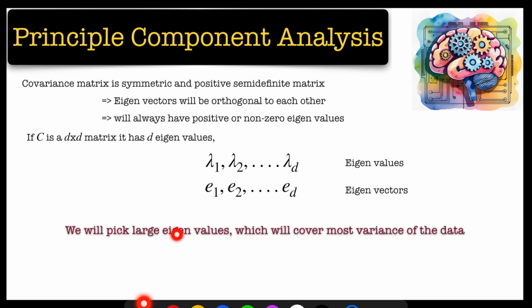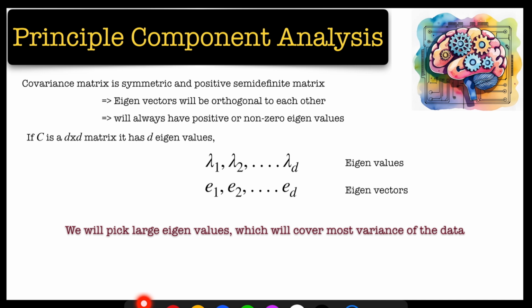We will pick large eigenvalues, which will cover most variance of the data. If you sort the eigenvalues, let's say lambda 1 is the largest, lambda 2 is the second largest, and so on, like lambda D is the smallest eigenvalue. We'll just pick from the largest eigenvalues.